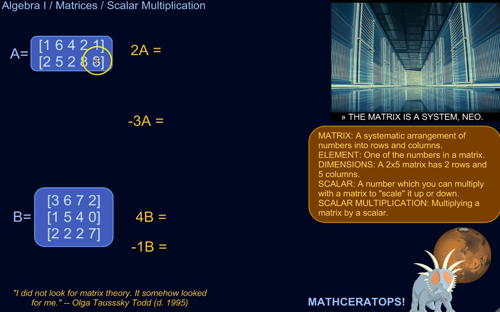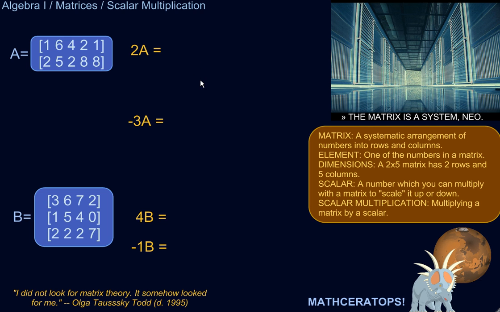The elements of the matrices are the individual numbers that populate the matrices. So 6 is an element of matrix A. The dimensions of a matrix are the rows by columns. This matrix A has 2 rows and 5 columns, so it's a 2 by 5 matrix.